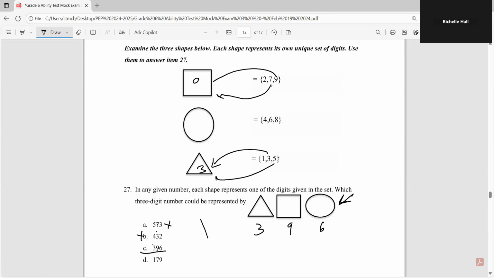The circle has 6. Then lastly, I look at D. First, I look at the triangle. The triangle has 1. Then I look at the square. The square has 7. Then I look at the circle. The circle does not have 9. So our answer is C. Totally agree. Thanks for the detailed explanation.